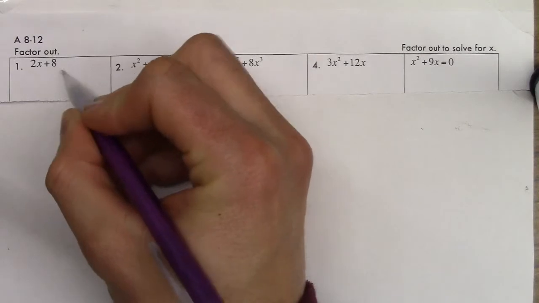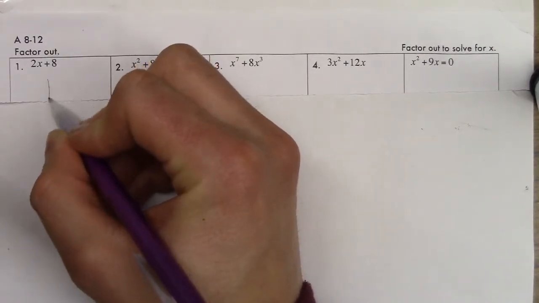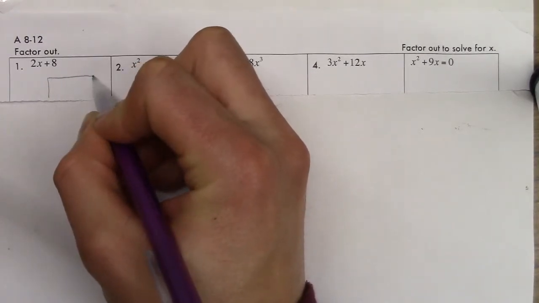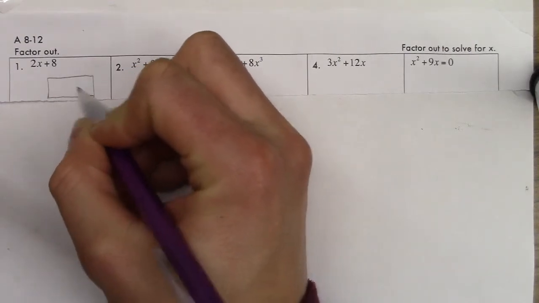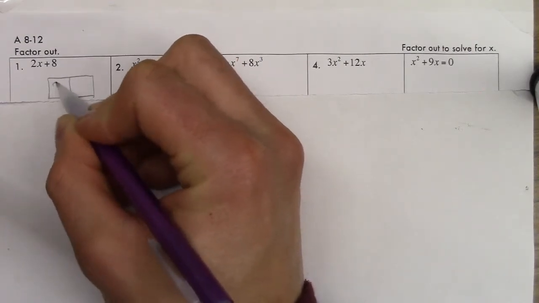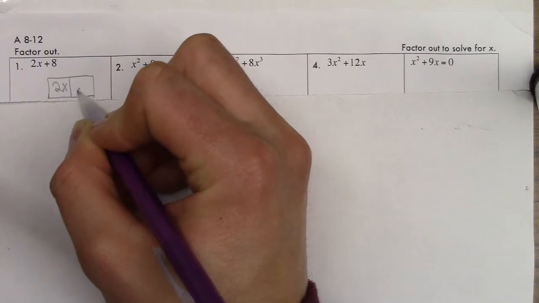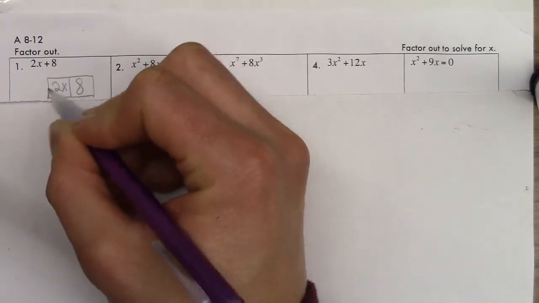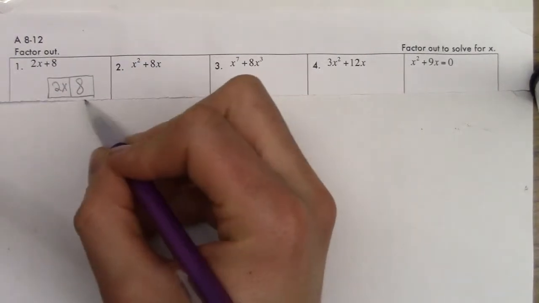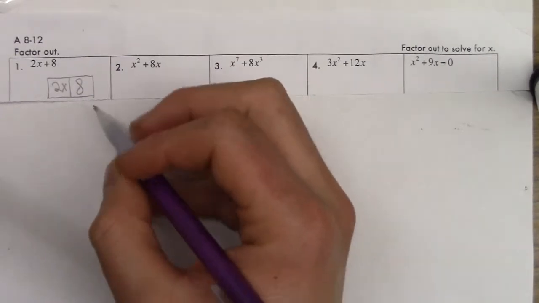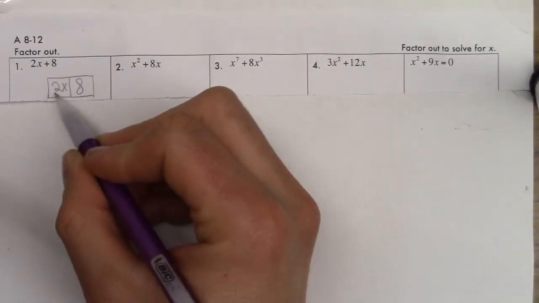What I like is these boxes. Since there's 2 pieces, I'm going to draw a box that has 2 spaces. So the 2x goes there, and 8. What do they both have in common? You can divide both of them by 2.